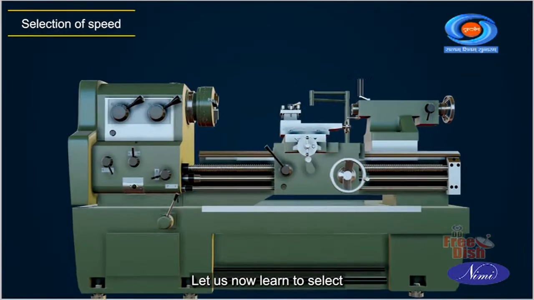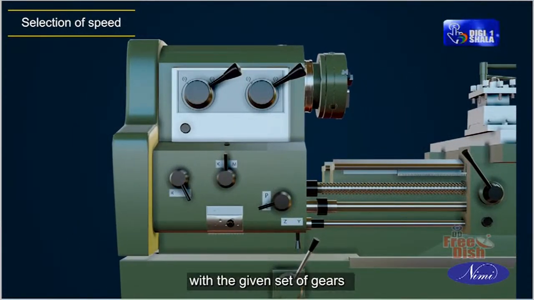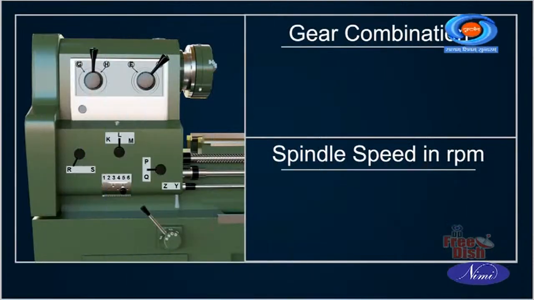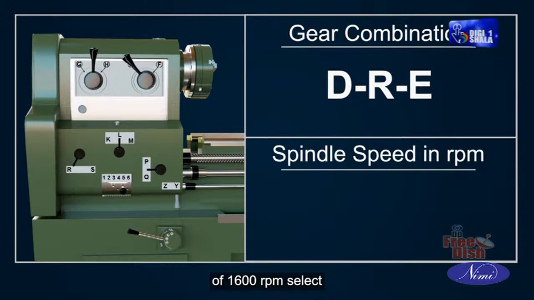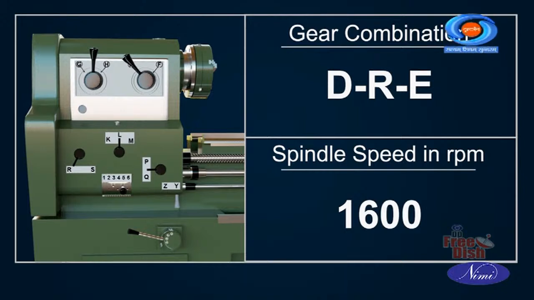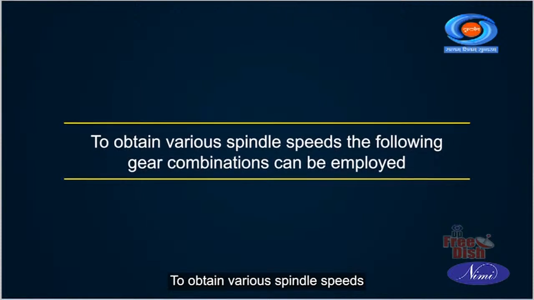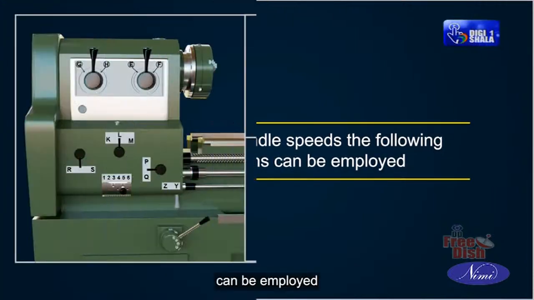Let us now learn to select the different spindle speeds on the lathe with the given set of gears. To obtain a speed of 1600 rpm, select the combination of D, R, E. To obtain various spindle speeds, the following gear combinations can be employed.